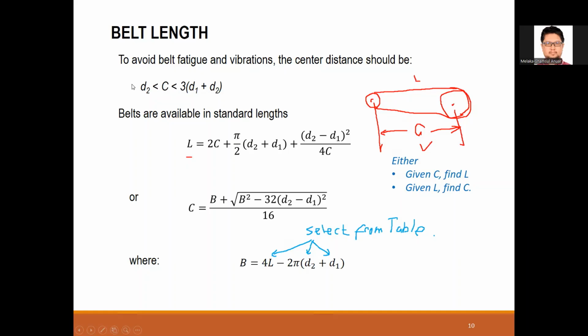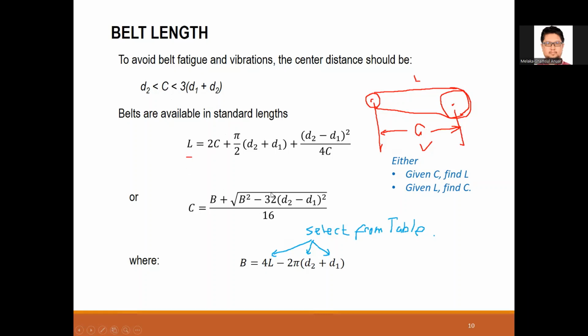So C is supposed to be between D2, this is D2, D1, and 3 D2 plus D1. Usually you want to take somewhere in between, but sometimes that value is already decided or given to you, and you need to operate within that given value. So once you know what C is, and you know what D1, D2, you can pretty much calculate the belt length.